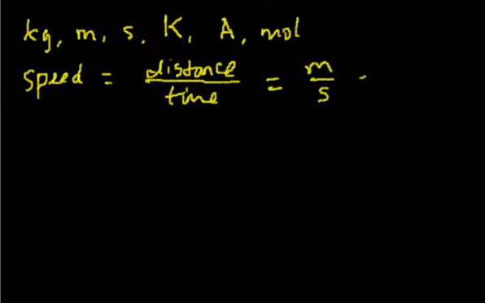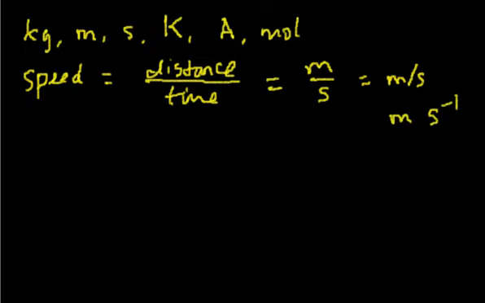And so we can write that out, meters over second, and we would normally write this in this way. Having meter over second might be a bit cumbersome. It looks like a fraction, so we might either write meter stroke second, or we might write meter second to the power of -1.